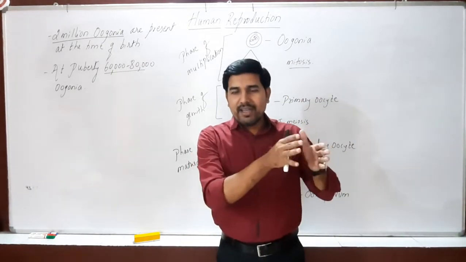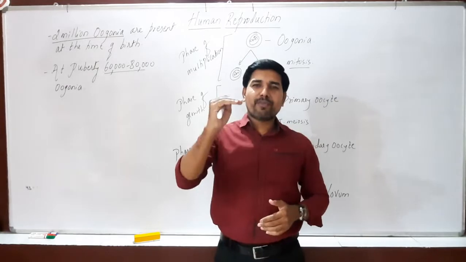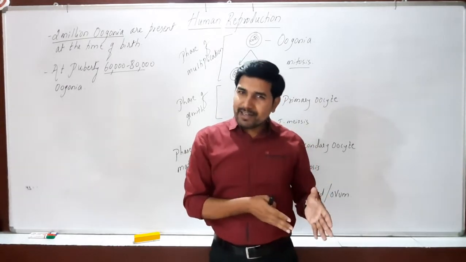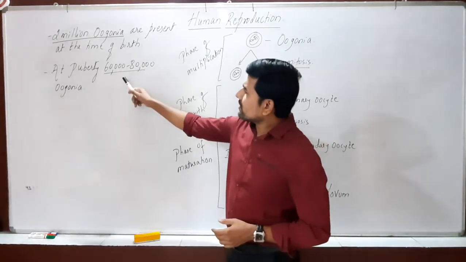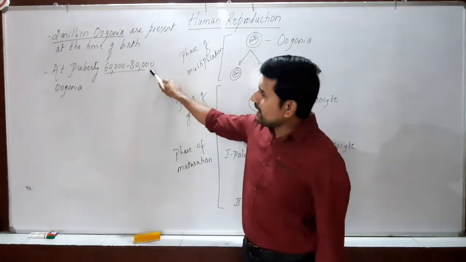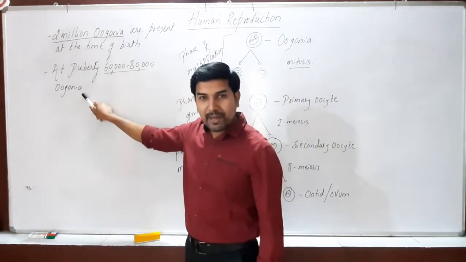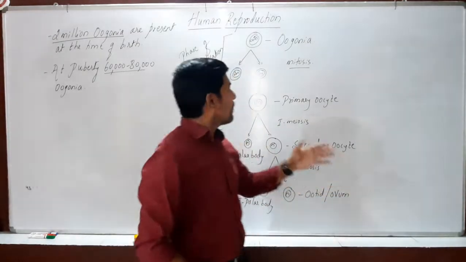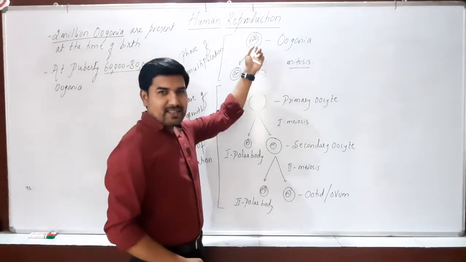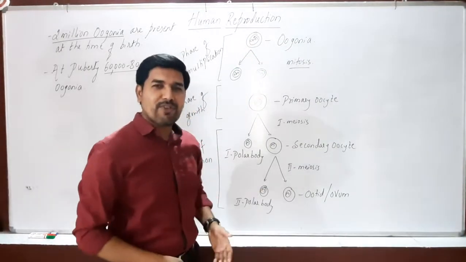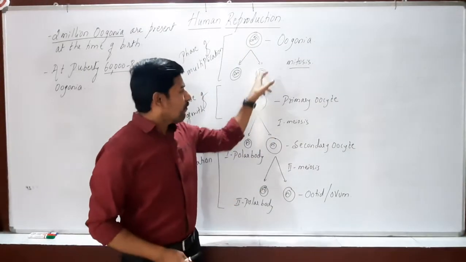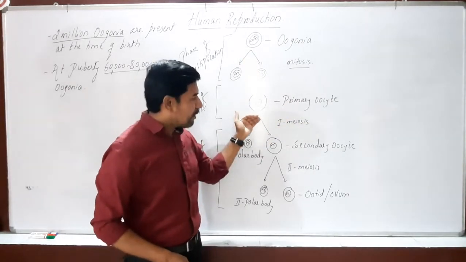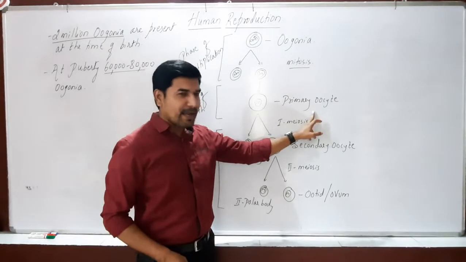Okay, say the phase of maturity or puberty might be around the age of 10 to 13 years. During that phase, only 60,000 to 80,000 oogonia will remain. But during its development, what happens? These oogonial cells undergo the process of meiosis to form the primary oocyte.